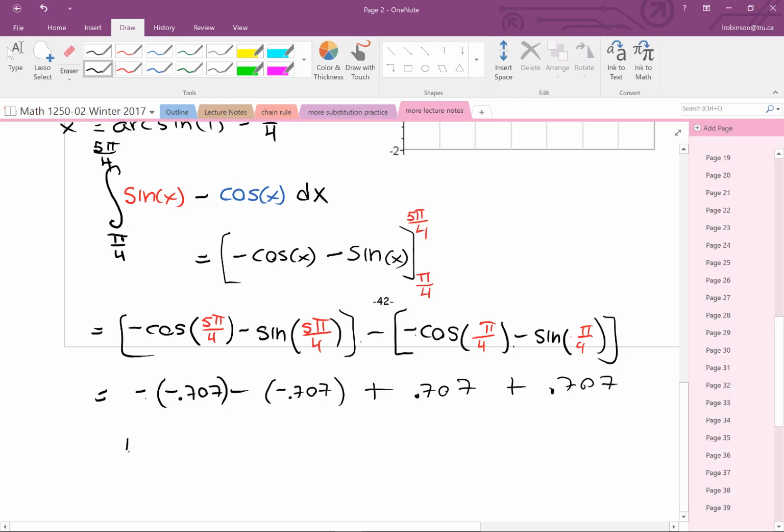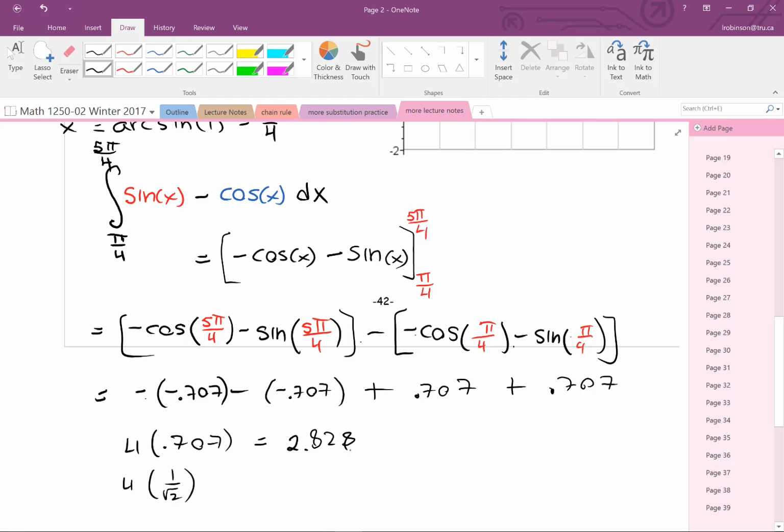So this is minus a minus, so we get 4 times 0.707, or 4 times 1 over root 2, and that comes to about 2.828. Which is 2 root 2.